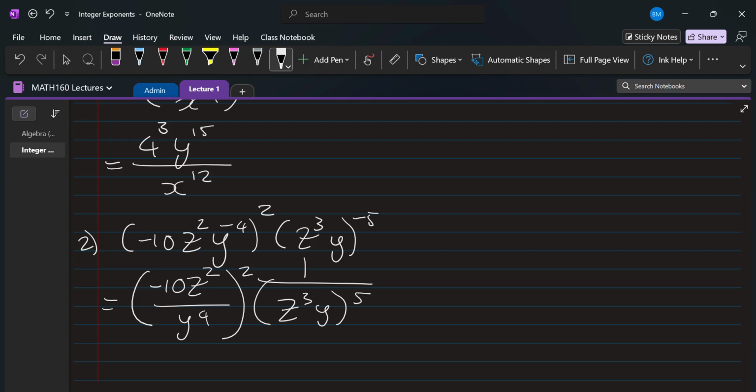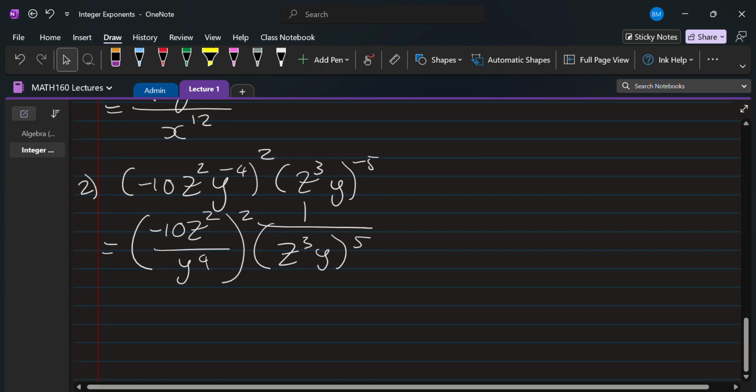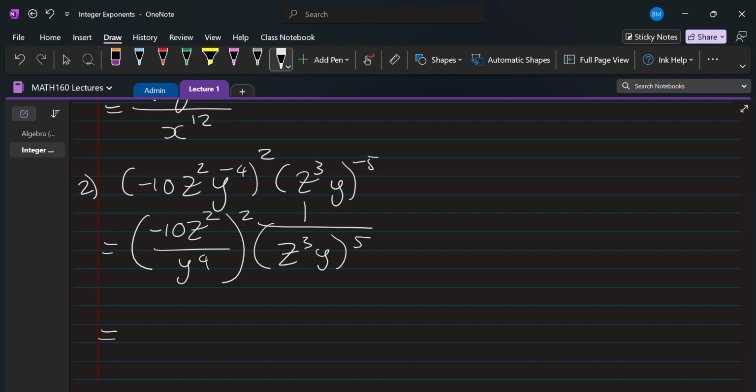In the next bracket, there's no negative exponents in the bracket, so that's all fine. But it's to the minus 5. So this is going to be 1 over z cubed y to the 5. And then we can just distribute like we did before. So minus 10 squared. If you ever forget what to do, remember squaring is just timesing by itself. So minus 10 times minus 10, that's 100.